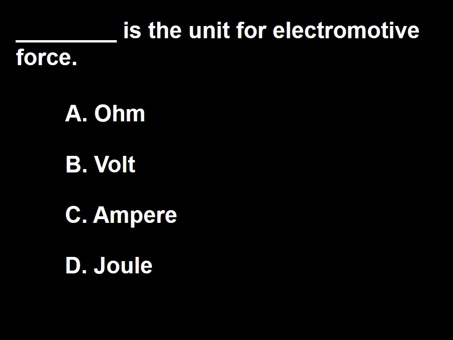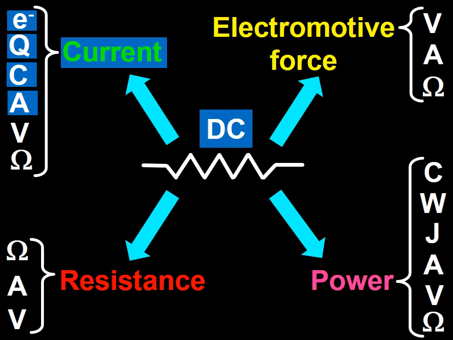Next question. Blank is a unit for electromotive force. A ohm, B volt, C ampere, D joule. Again, I am going to ask you to look at the master slide.